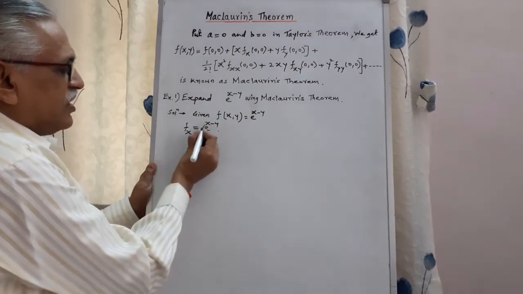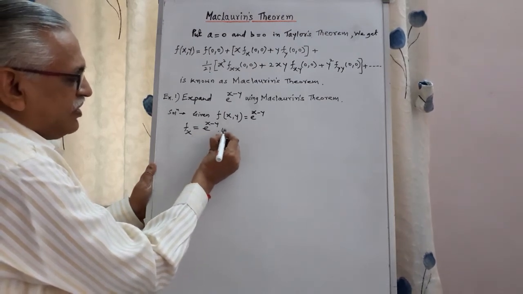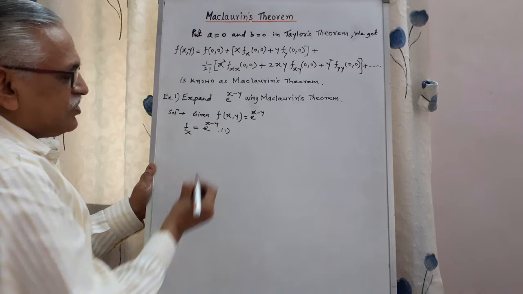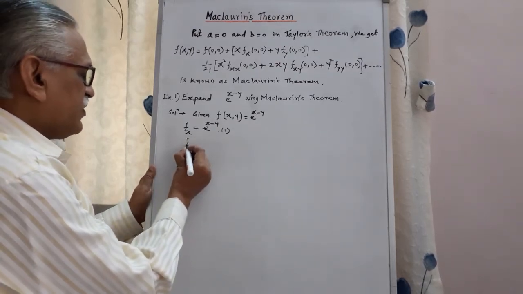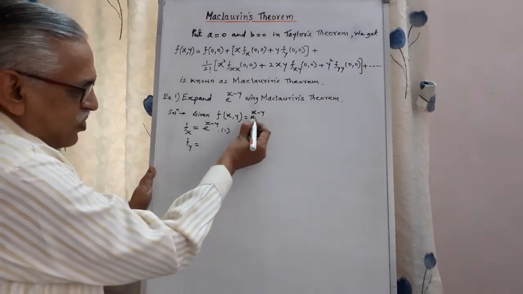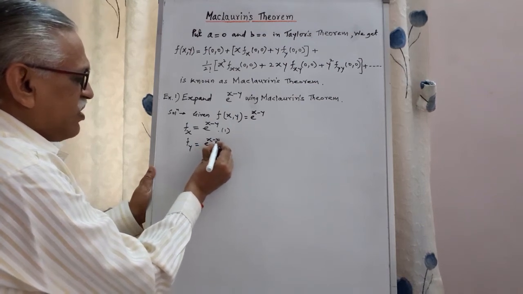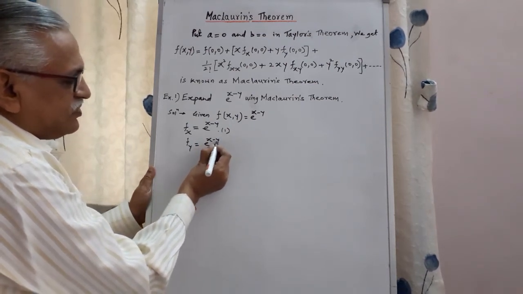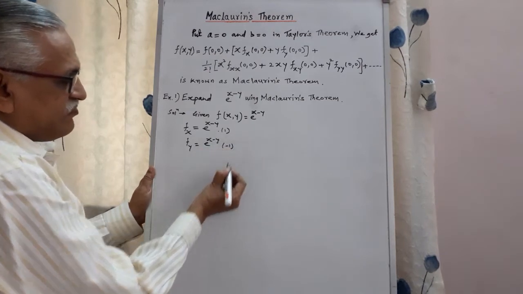Applying chain rule, derivative of x is 1 and derivative of y is 0, and therefore we get this one. Then differentiating with respect to y, keeping x constant, the derivative is e raised to x minus y, and by chain rule the derivative of this with respect to y is minus 1.